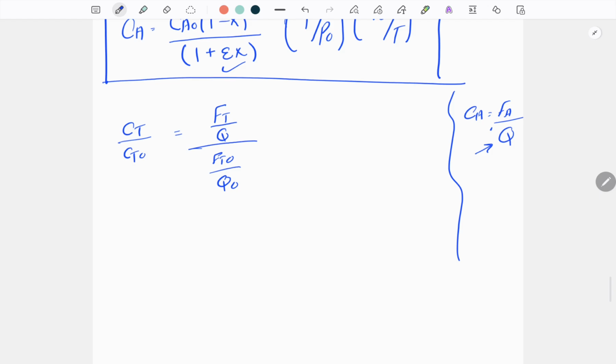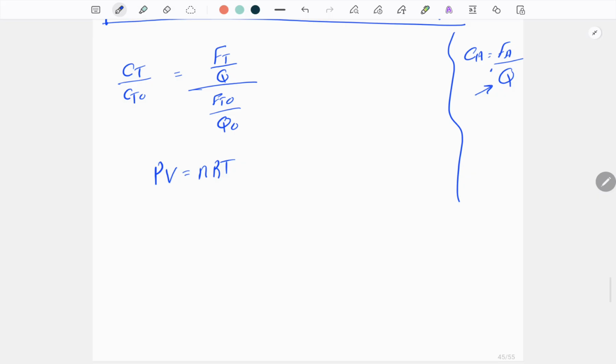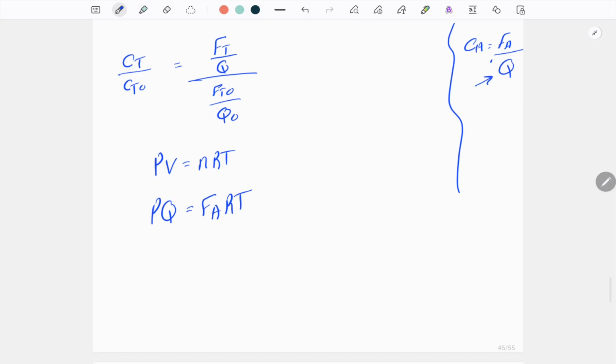Now, when dealing with gases, we'll use the ideal gas formula, which is PV equals nRT from thermo. In this course, the volume we'll use as the volumetric flow rate, and the moles will be the molar flow rate in terms of A. RT will stay the same.